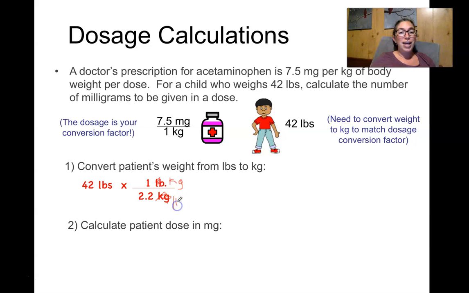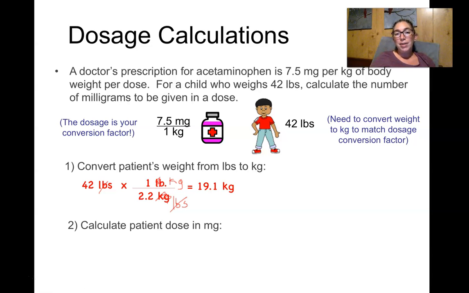So you can correct that. All right, so our pounds now are in the right direction. They cancel out, and we end up with 42 times 1 divided by 2.2 equals 19.1 kilograms as the patient's weight.